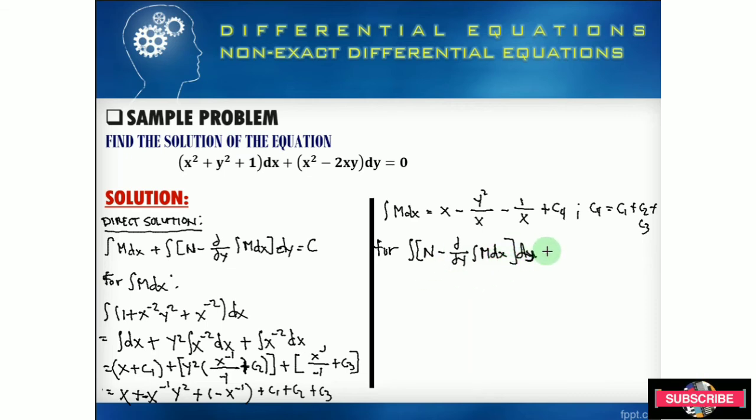Okay, so working with this equation, so we already knew that we have this integral of m dx which is just equal to this one. So our n is just equal to 1 minus 2x raised to the negative 1 times y, and this is our n.